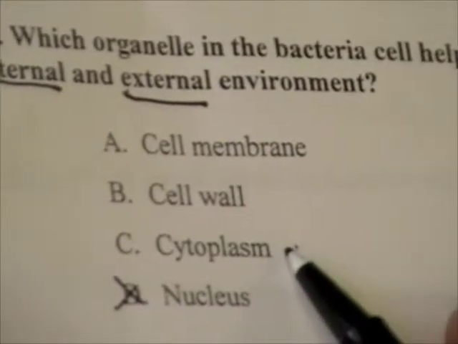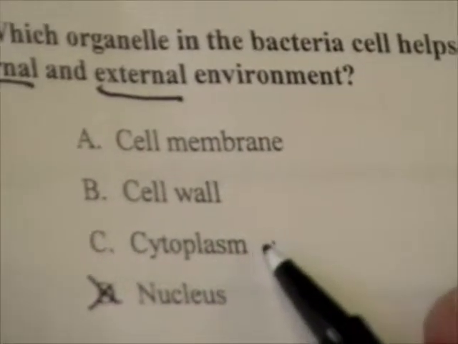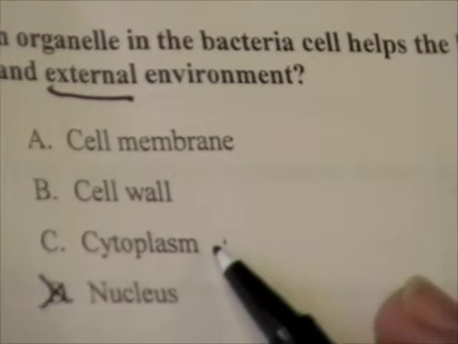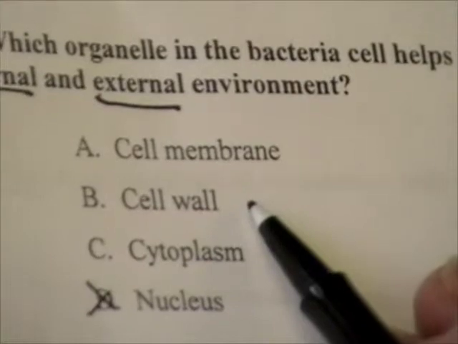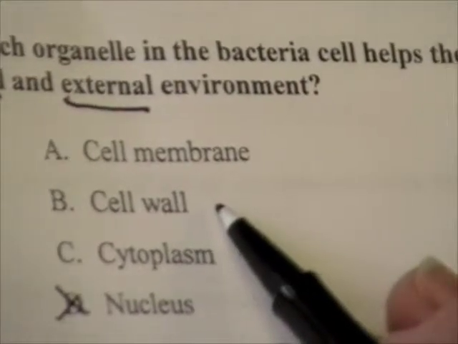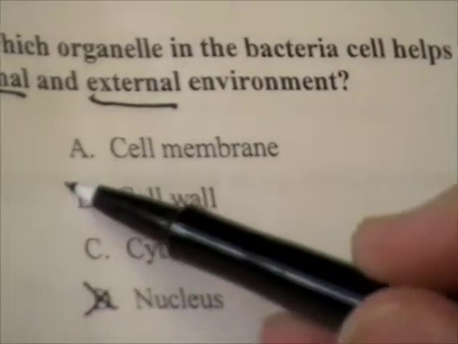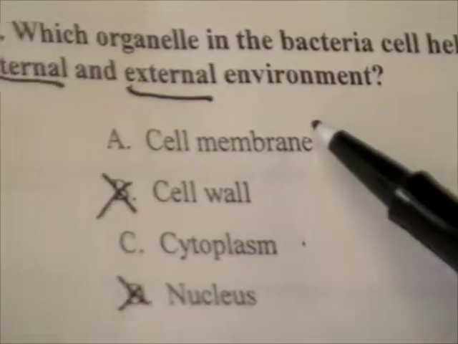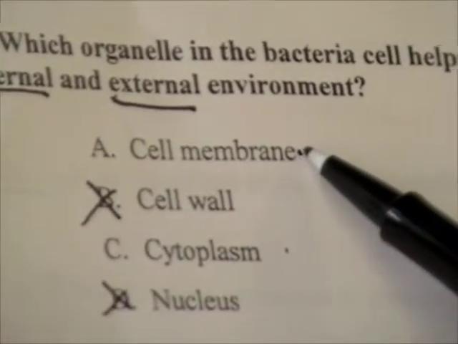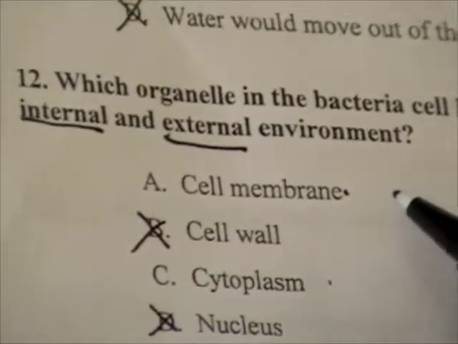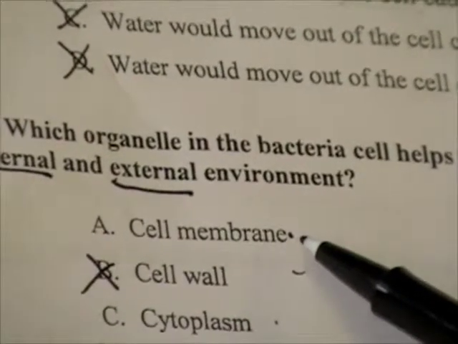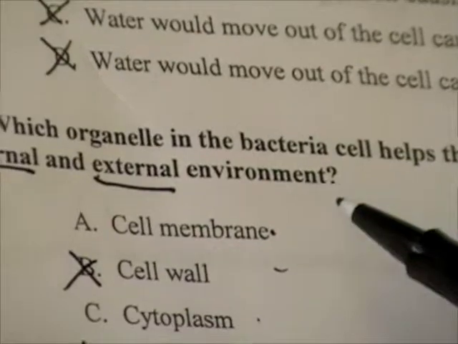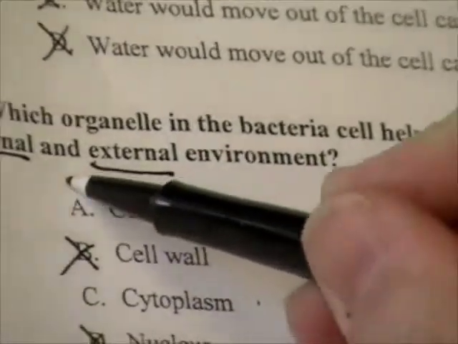So, I mean, it could maintain the balance inside the cell. We'll leave that one alone. The cell wall. Well, I know that the only cells that have a cell wall are plants, so B can't be the answer. Answer A, the cell membrane. All cells have a cell membrane, and the cell membrane is what holds the cell together. Yeah, it holds it all together. A, that has to be the answer.